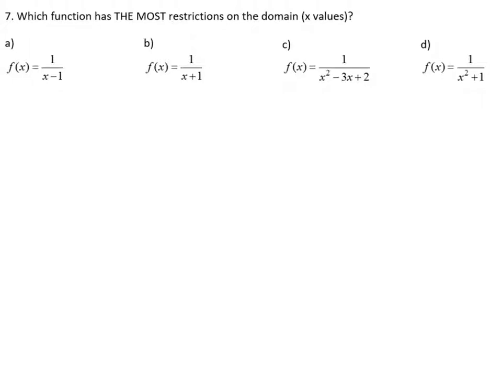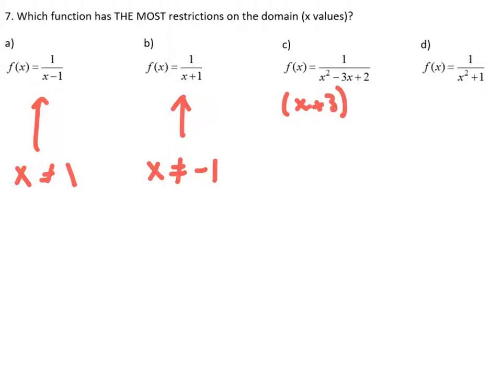It's kind of a funny question to ask, which one has the most restrictions? This one here has one restriction. X cannot equal 1. This also has one restriction. X cannot equal negative 1. This one, when you factor it, let's see, what would it be? It would be x plus 3 and x minus 1.